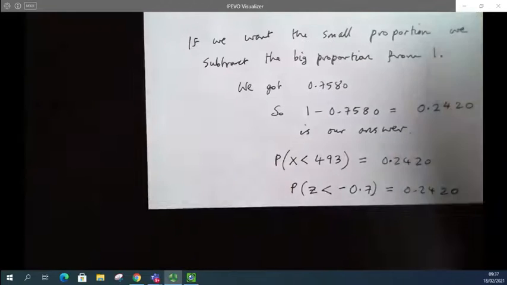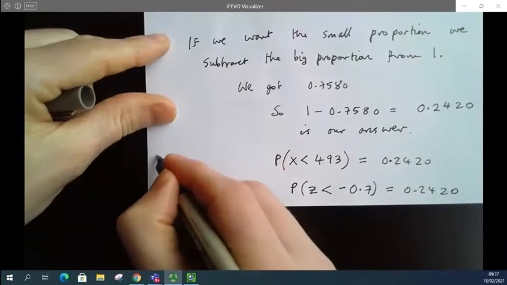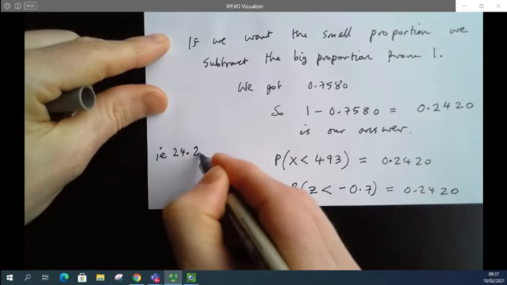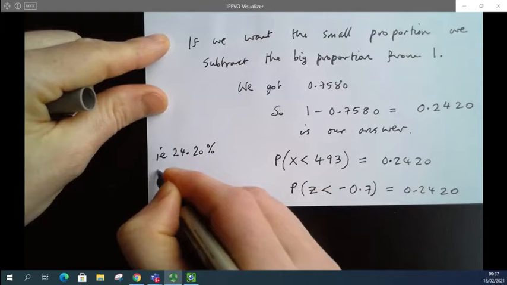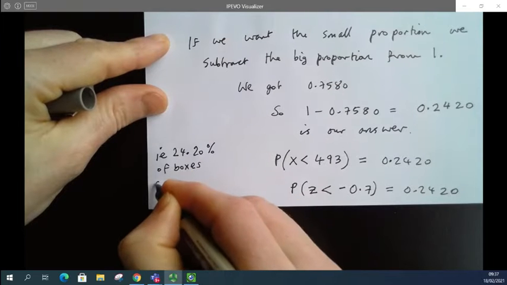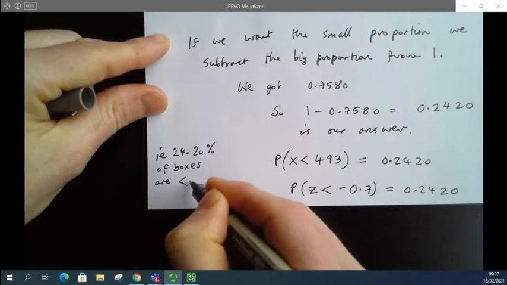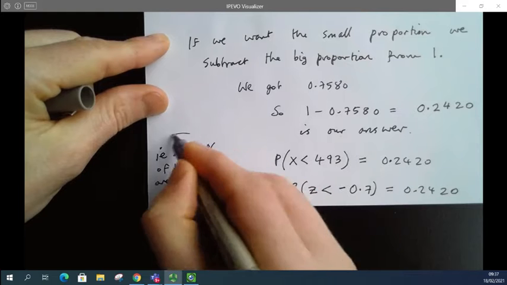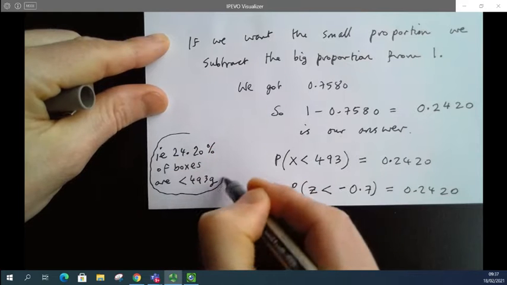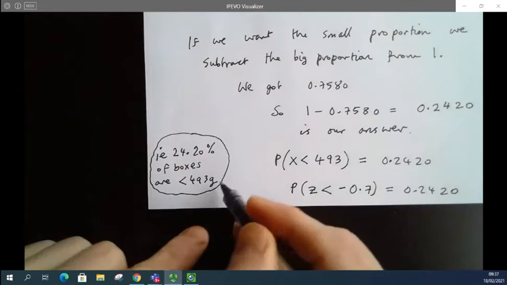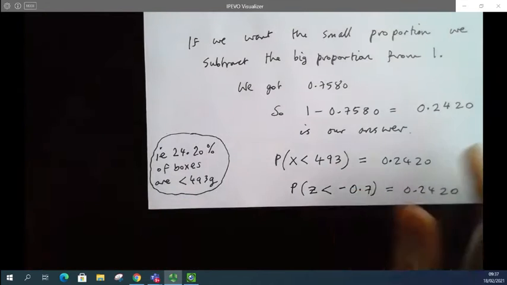Maybe I'll write it over here in a little circle, i.e. 24.20% of boxes are less than 493 grams. So that's a nice way to interpret the answer. It's a good idea to do that when you get your results. Maybe not always convert to a percentage, but just put it in the context of the question.